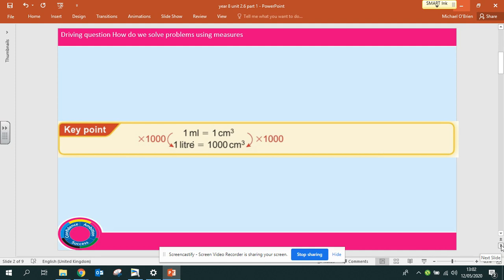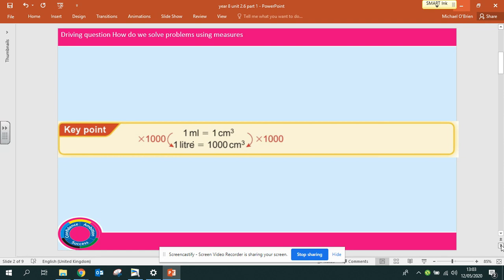Well, this next slide is just a reminder of some facts: 1 milliliter is the same as 1 cubic centimeter. So if you imagine a cube of 1 centimeter aside, that is the size of a milliliter. So that means that a liter, which is made up of 1,000 milliliters, must be the same as 1,000 cubic centimeters.